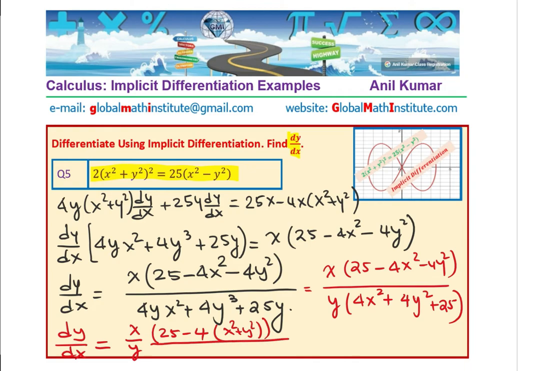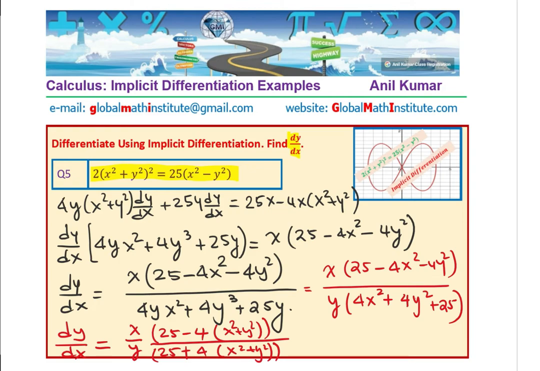And in the denominator we have 25 plus 4 common, x squared plus y squared. You get the idea. So a very similar expression is there, and that becomes the derivative of this particular function.